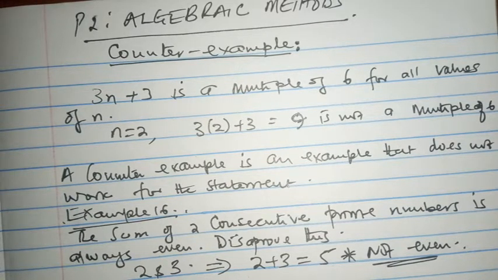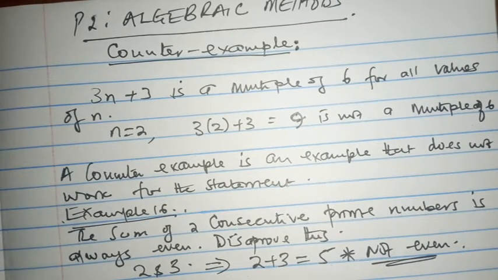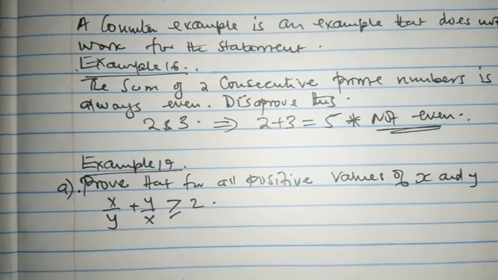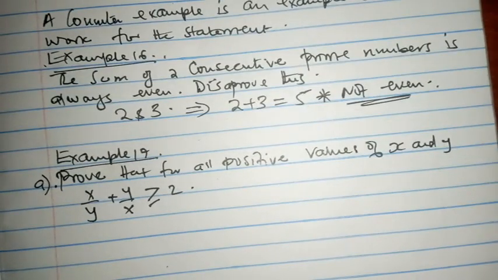And that is part A. Well, we are supposed to prove this. Of course, it goes without saying that the two terms on the left are fractions, and they are being added together.